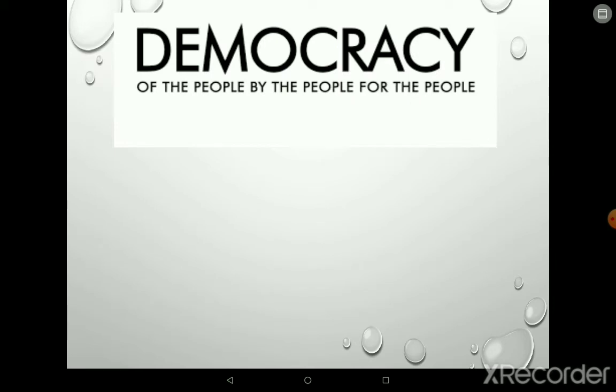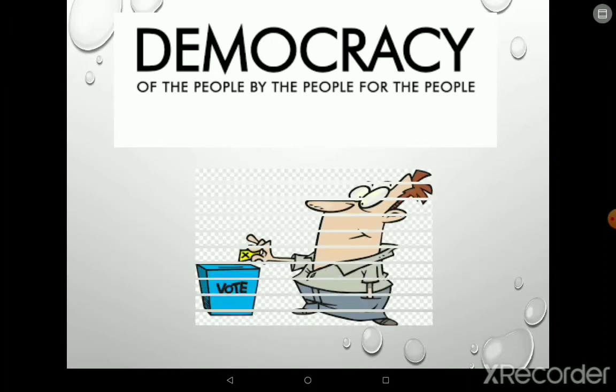The first one is democracy: of the people, by the people and for the people. In a democracy, it is the people who give the power to the government to make decisions. People do this through elections or through vote.